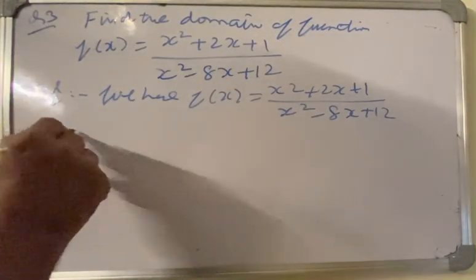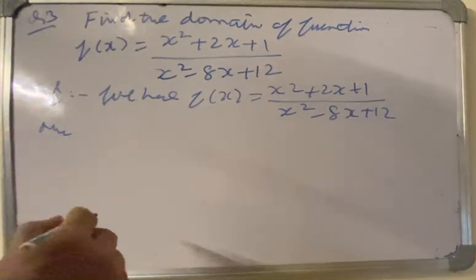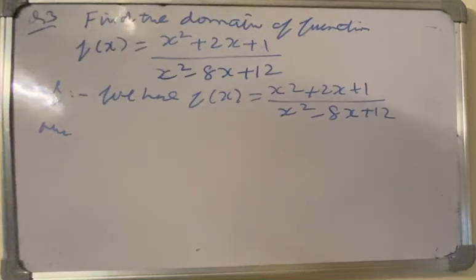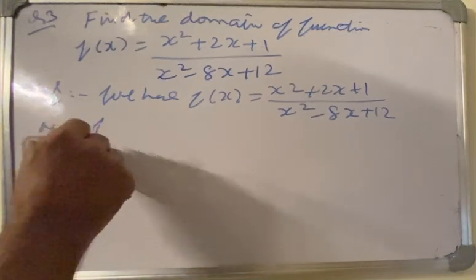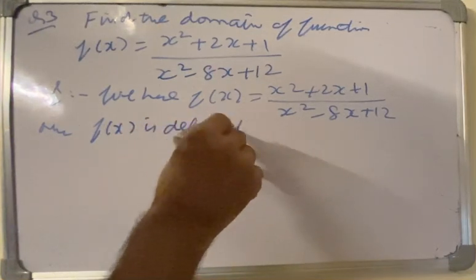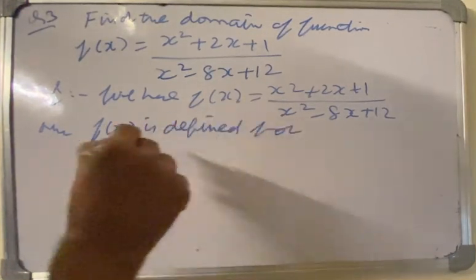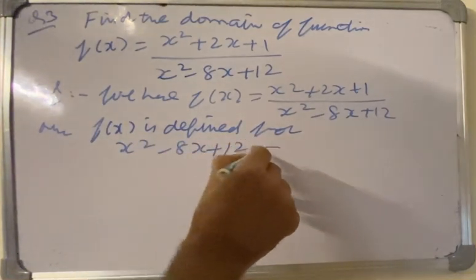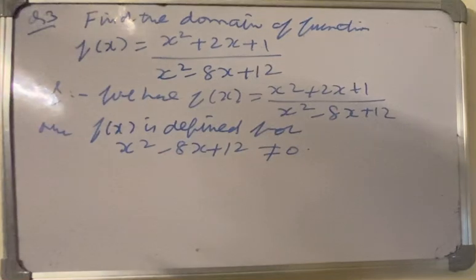Now, as we know, f(x) is defined if its denominator is non-zero. So, f(x) is defined for x squared minus 8x plus 12 is not equal to 0.